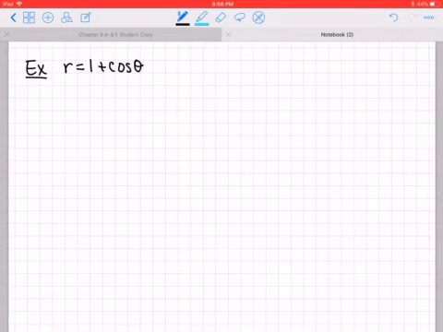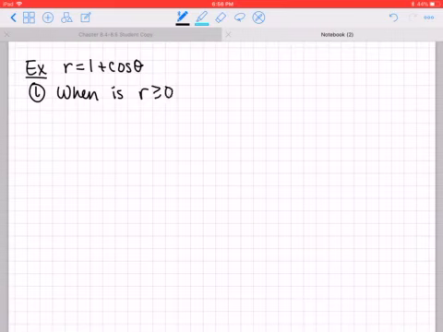Now, if you remember, we kind of want to know when r is greater than or equal to 0. Remember, because there are some special directions if r was negative. So here we go. We want to figure out when it's bigger than or equal to 0. We know some fact about cosine, right?